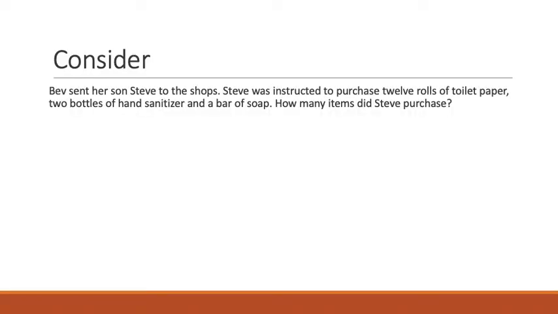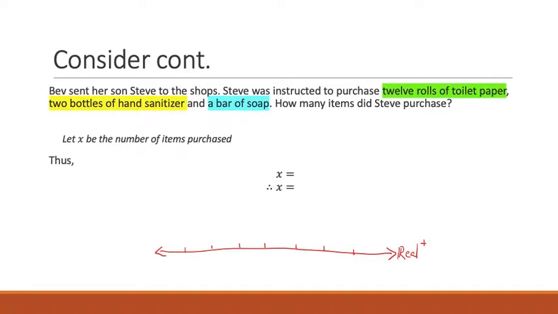Bev sent her son Steve to the shops. Steve was instructed to purchase 12 rolls of toilet paper, 2 bottles of hand sanitizer, and a bar of soap. How many items did Steve purchase? Well, using our knowledge of equations, we can say that let x be the number of items purchased, and therefore Steve purchased 12 rolls of toilet paper.